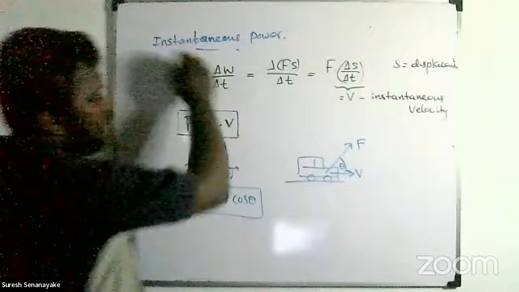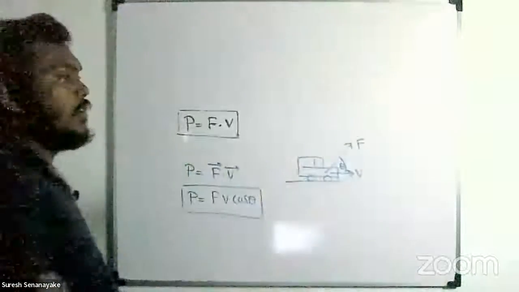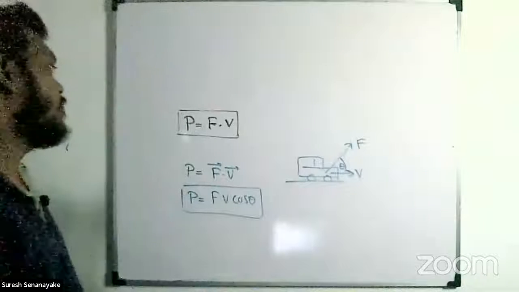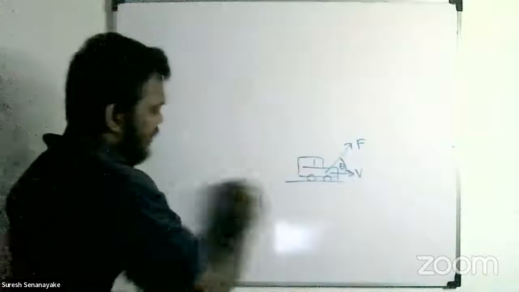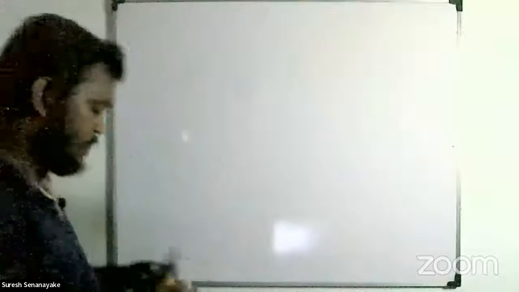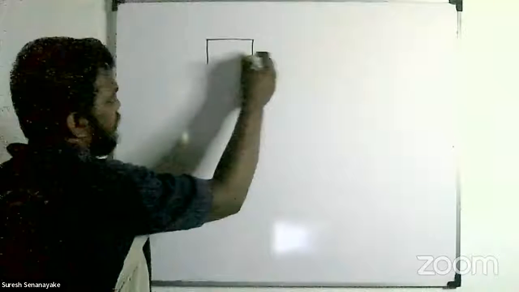I will erase this, then we will write there. Right, let's consider a vehicle of mass m. This is moving with velocity v.